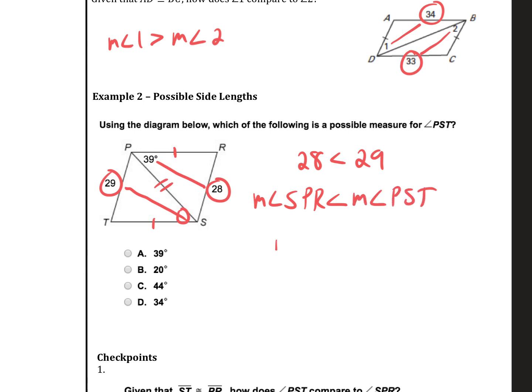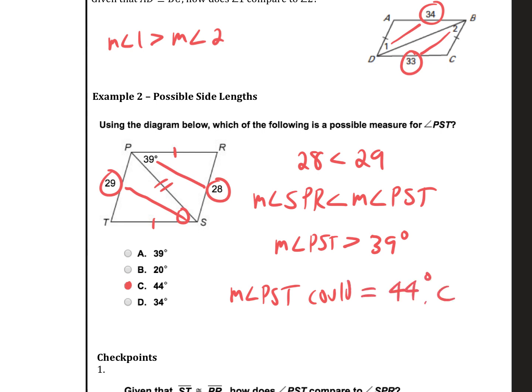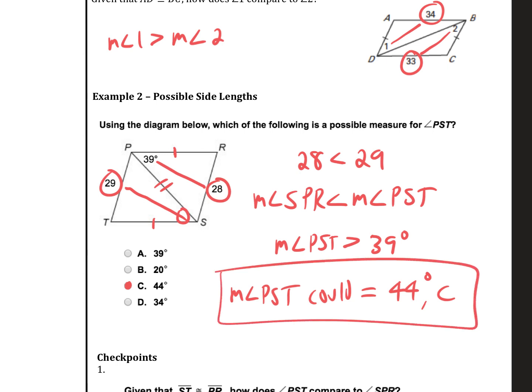Which means measure of angle PST needs to be larger than 39 degrees, and the only angle that's larger than that could equal 44 degrees, or C. All right, does that make sense?